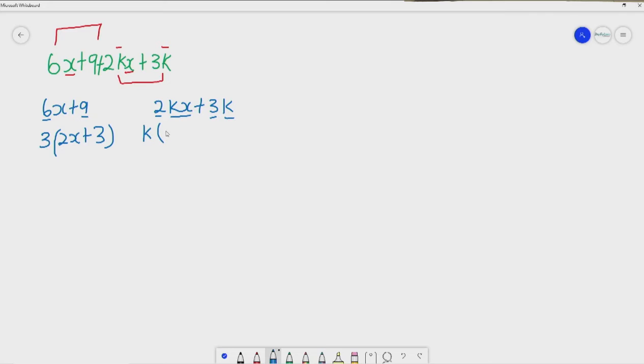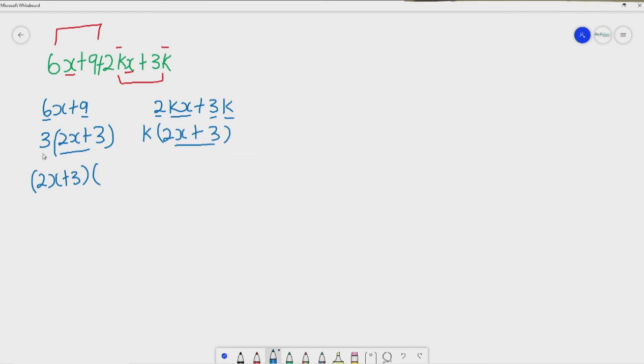2kx divided by k would just be 2x plus 3k divided by k would be 3. At this point, you're supposed to recognize that both brackets have the same algebraic expression in them. So we write what's in the bracket first, we have 2x plus 3.